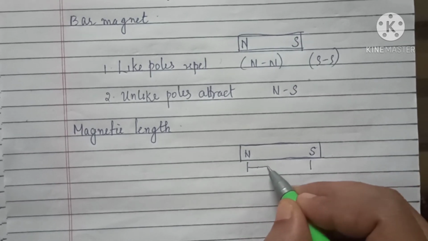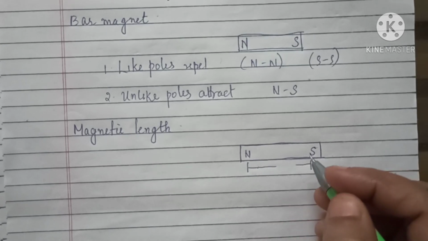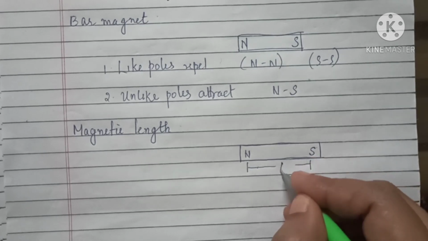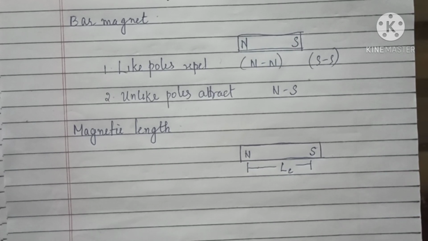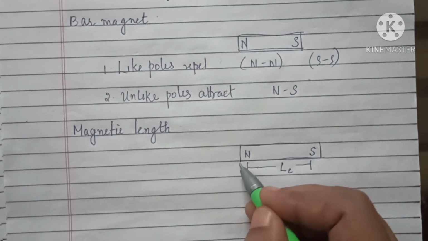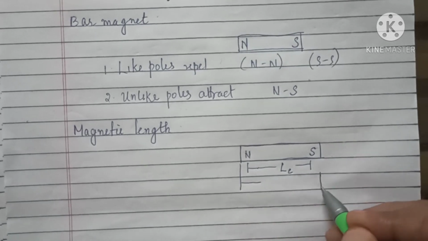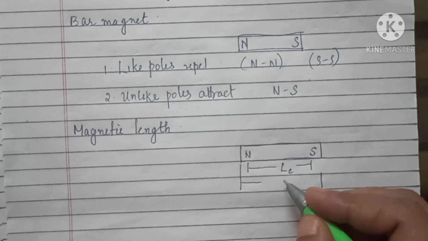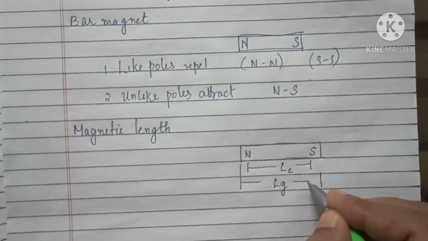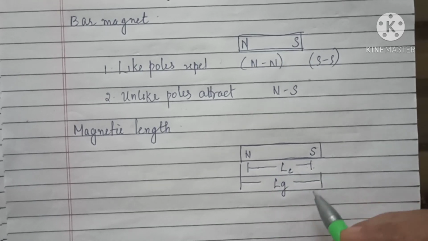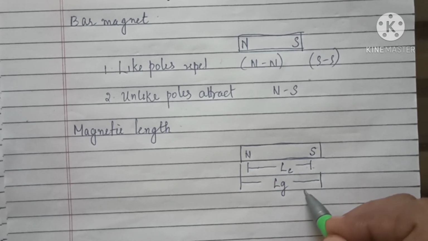The distance between two poles of a magnet is known as magnetic length, denoted as L_e, or effective length. And the length from this end to this end, we call the geometric length.